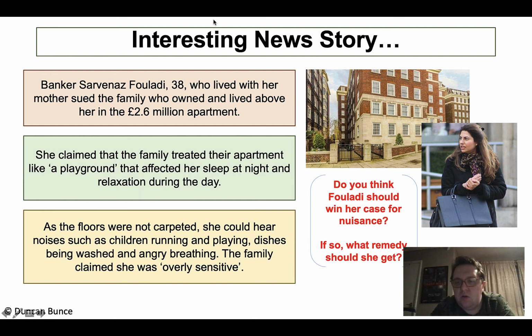You've also got an injunction, which, as I've been mentioning in the video, simply means you can get a court order that stops the defendant from continuing with that particular activity. Or it could be a type of injunction that decides that particular activity can continue, but only within a specified time or day. So what should she get?